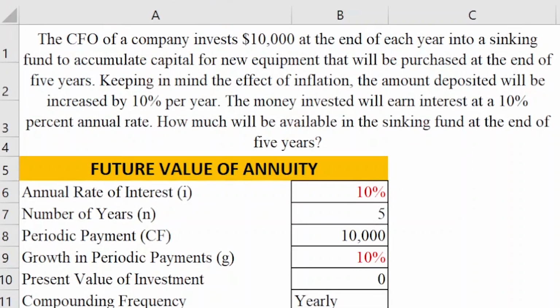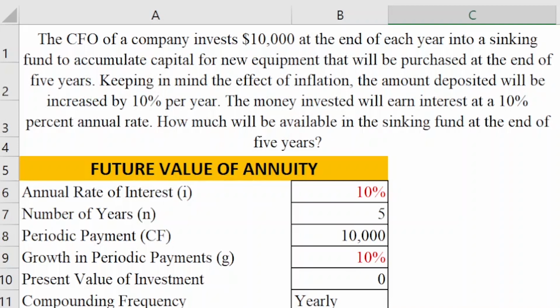So let's have an example. The CFO of a company invests $10,000 at the end of each year into a sinking fund to accumulate capital for new equipment that will be purchased at the end of 5 years. Keeping in mind the effect of inflation, the amount deposited will be increased by 10% per year. The money invested will earn interest at 10% annual rate.